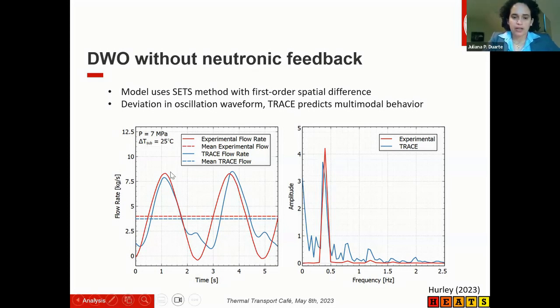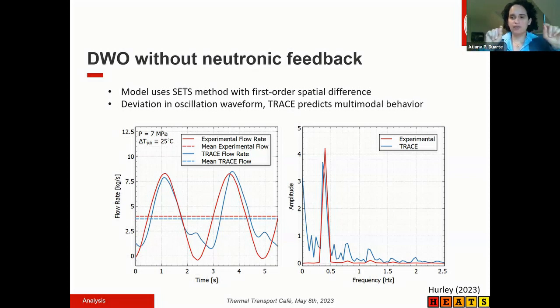The one thing that TRACE does not do well is to simulate the shape of these oscillations. You see the blue lines here are TRACE, which have this wiggle at the bottom. And the reason that we believe that happened is because this is a snapshot of a time, but we are also having the dryout and rewetting. So TRACE is changing between pre and post CHF flow regimes, but also the void fraction is changing from dispersed flow to the transition flow in the post CHF.